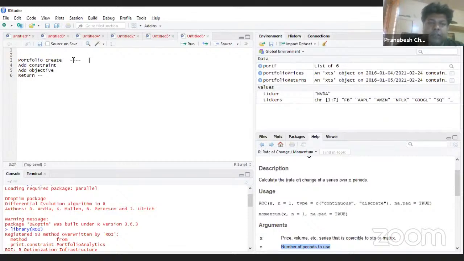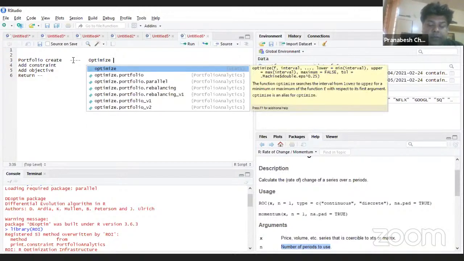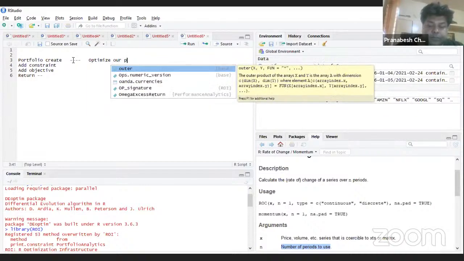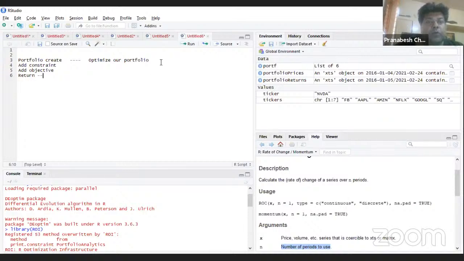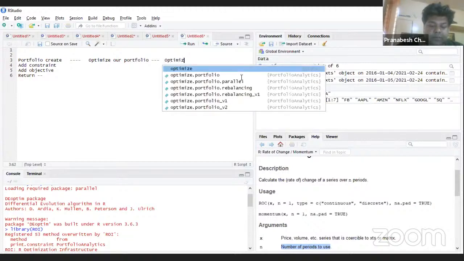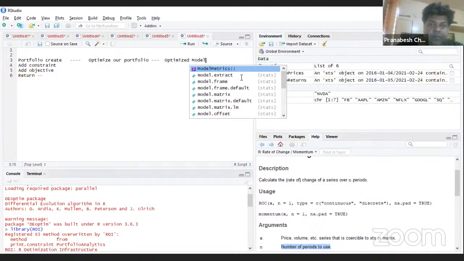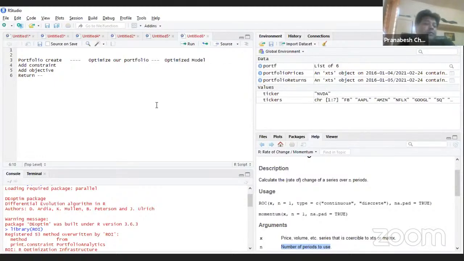From here, what we do is we optimize our portfolio. Once we optimize our portfolio, we get an optimized model. Clear?